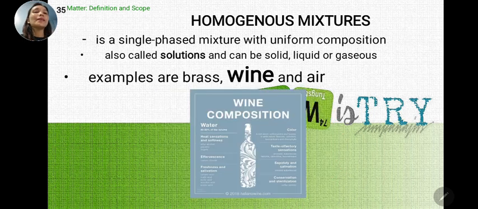Next is wine. Parang pure wine siya, pero iba-iba yung composition niya. So, meron siyang color, may nadinagdag, effervescence, water, basta may iba-ibang composition yung wine.